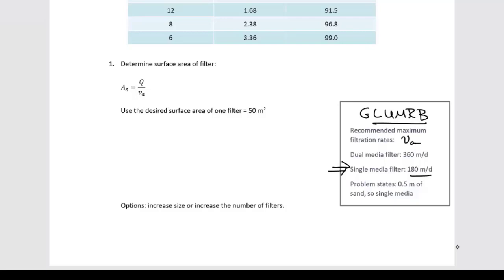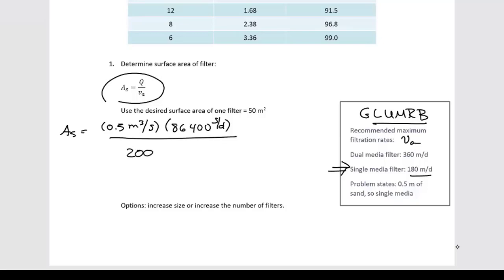So let's just start. We're going to start with this equation here for the surface area. And we're going to pretend we didn't look at that initially. You just followed what the design engineer or what the specification said.